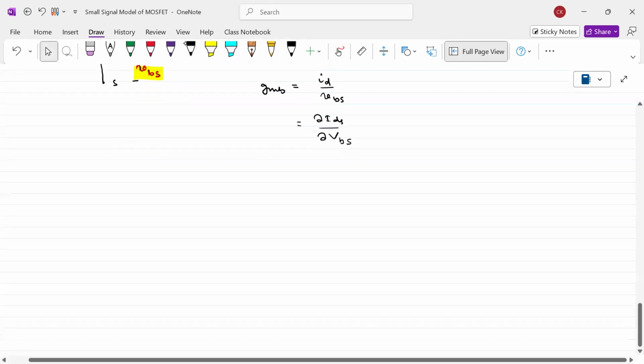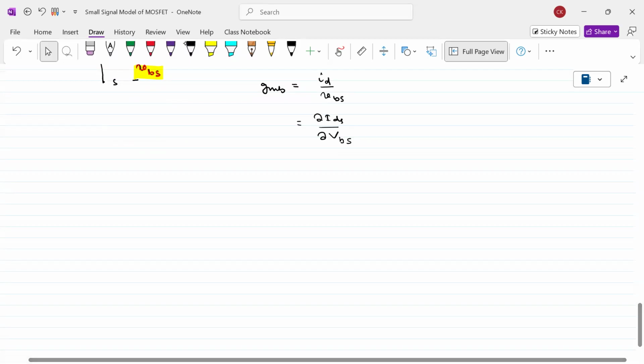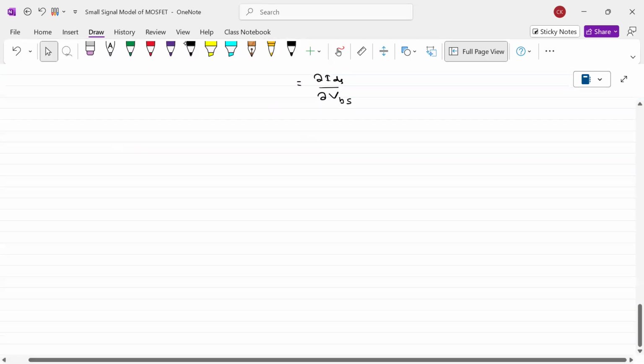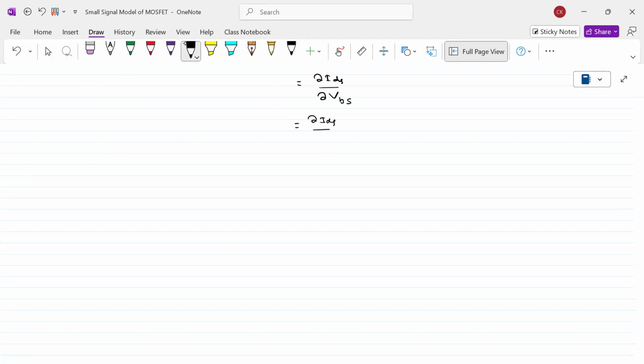But we have no choice, as VBS is not directly related to the IDS in the equations we have seen so far. So it is derived like this: dou IDS divided by dou VTH, multiplied with dou VTH divided by dou VBS. First, you have to differentiate with respect to the threshold voltage, because the VTH value, that big equation, we know very well. Then, with respect to dou VBS. The result will be something like that.